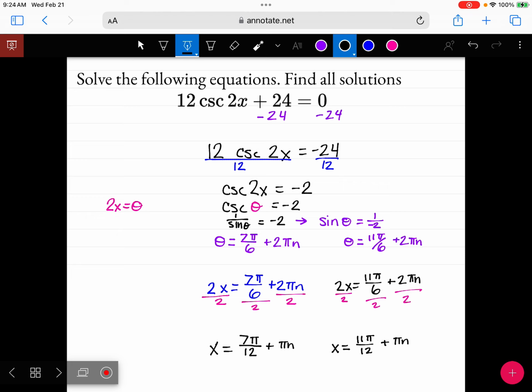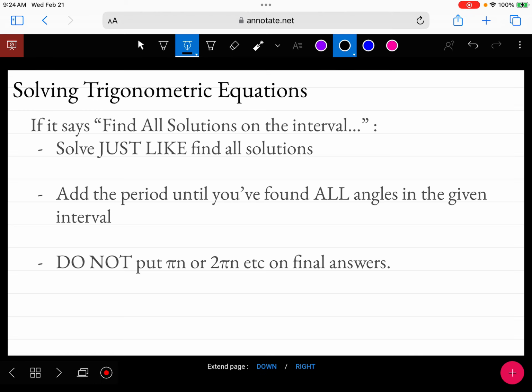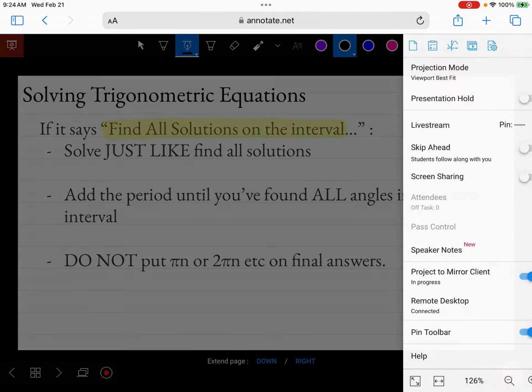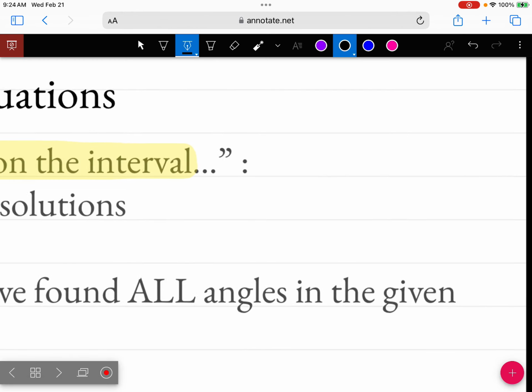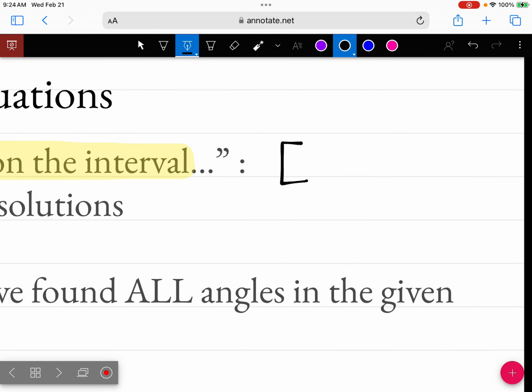Because the next thing they're going to ask us to do is to solve on an interval. So they'll give us instructions like this: find all solutions on the interval, and they'll give you an interval, and more times than not, it's going to be from 0 to 2 pi. So just the one time around the circle.